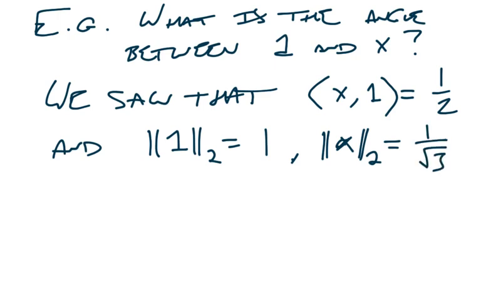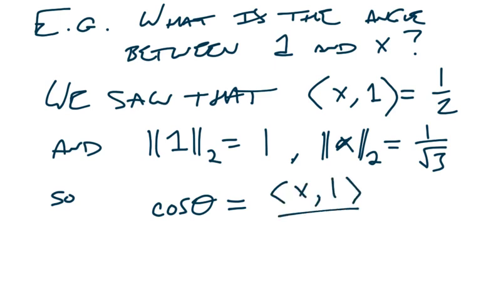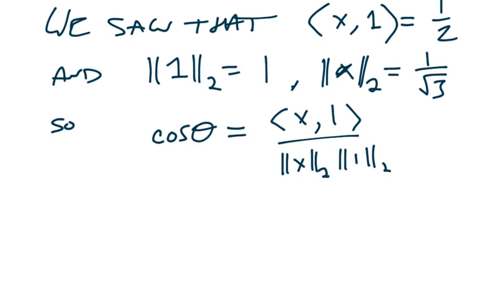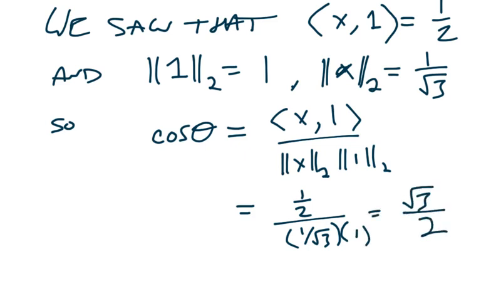All right, so the cosine of the angle between these two polynomials should be equal to this by our definition. And this is 1/2 over 1 over root 3 times 1. In other words, this is root 3 over 2.